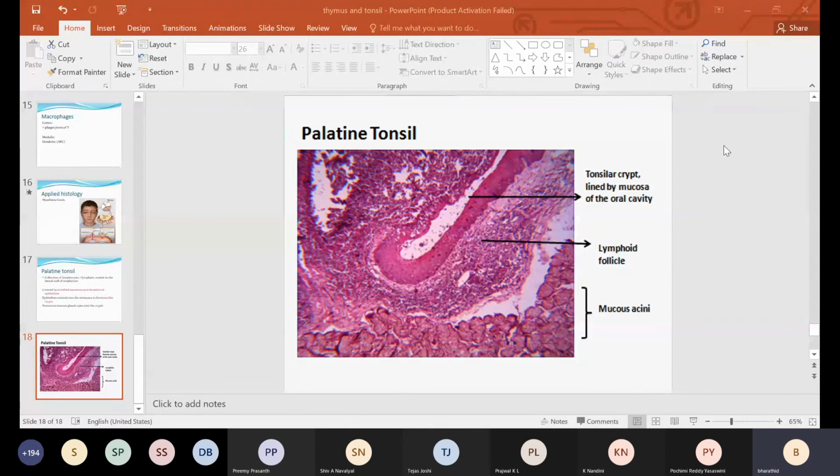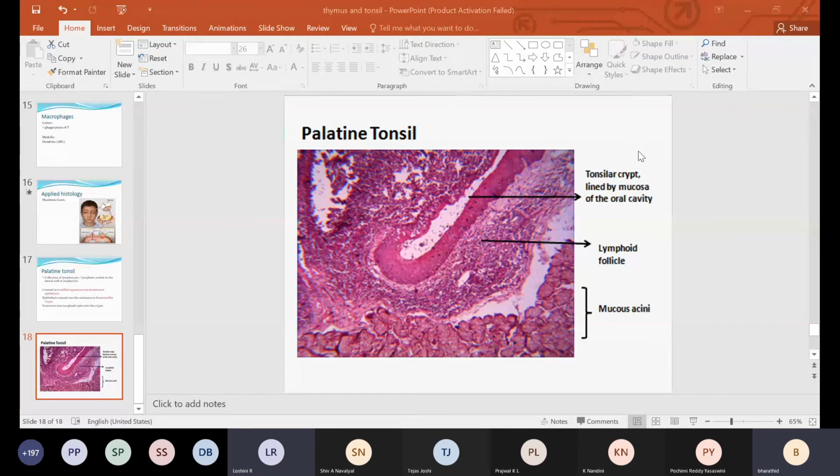What is a characteristic feature of thymus? Hassall's corpuscles. Correct. What is the function of thymus? Terminal differentiation of T cells.